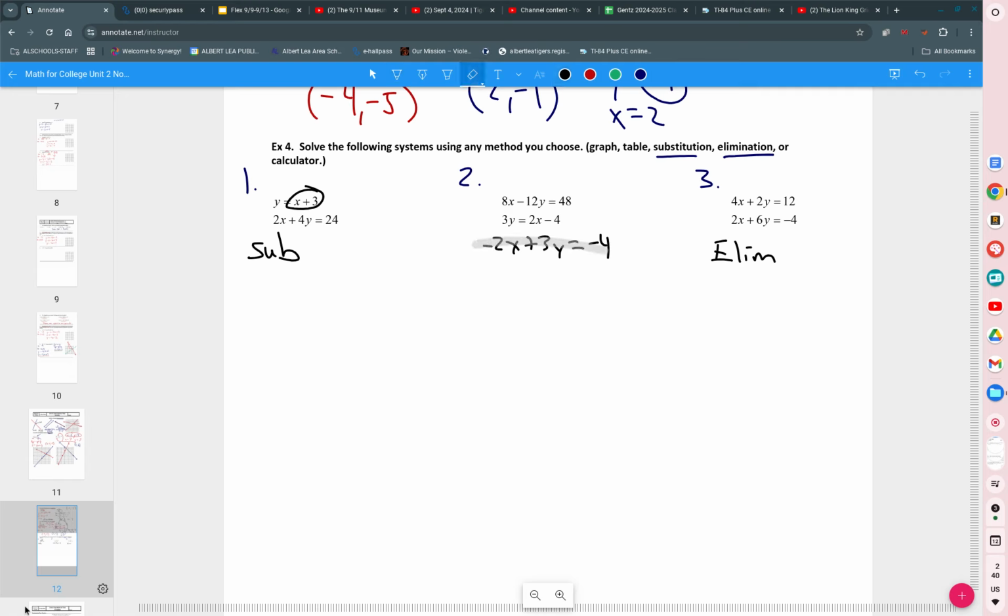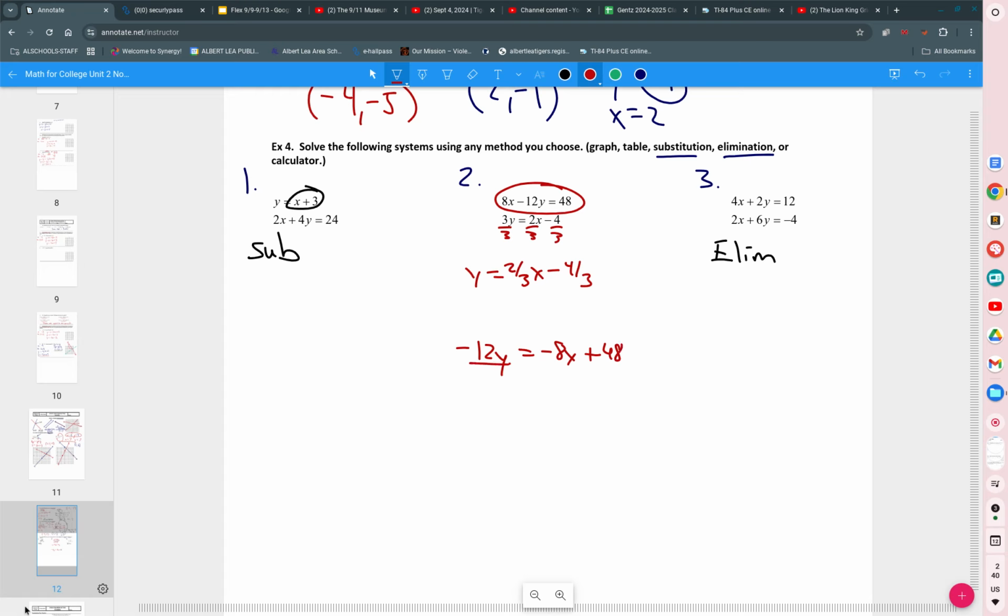I want to show you something kind of tricky, see if you guys can understand this. I'm going to take this one and divide through by 3. And when I do, I get y is equal to 2/3 x minus 4/3. And then this top one here, I'm going to solve for y. I'm going to have negative 12y equals negative 8x plus 48.